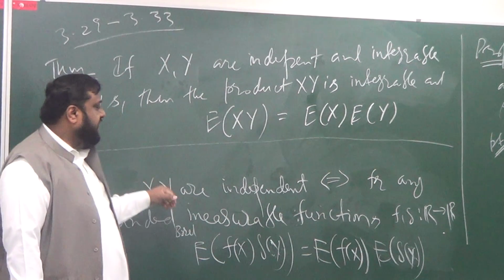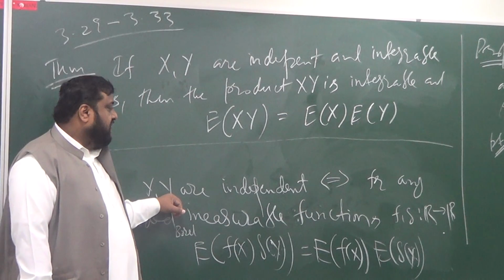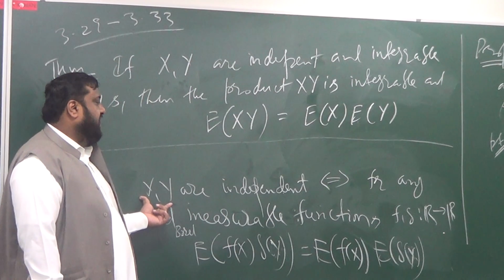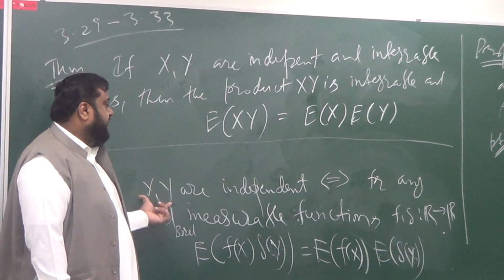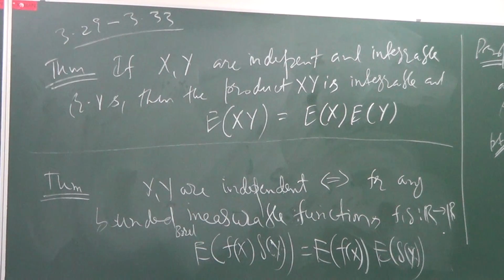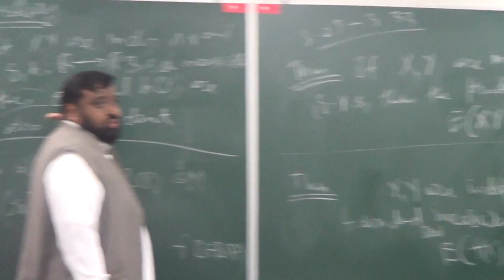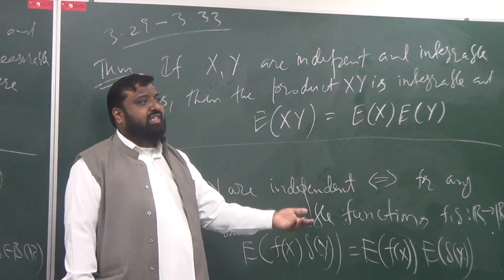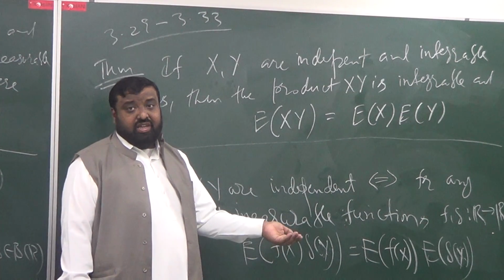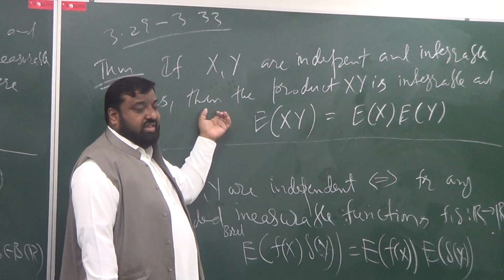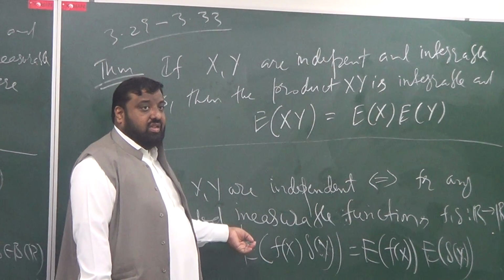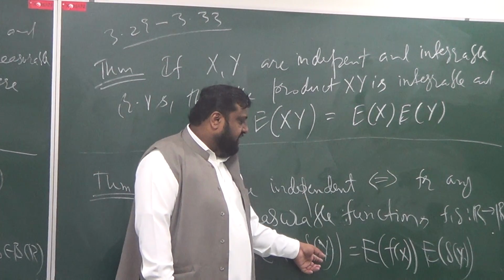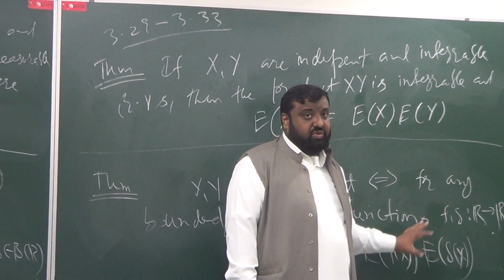So the forward side I can prove in this manner: let's take X and Y, and they are independent. If I compose them with any two Borel maps, they are independent too. So if I treat f of X as U and g of Y as V, then by this result, and since they are bounded, they are integrable. So you're going to get expectation of UV is the same as expectation of U times expectation of V. So you got one side.